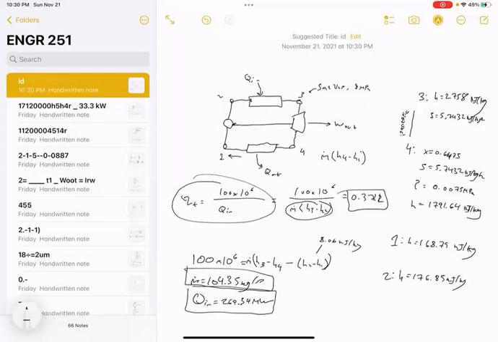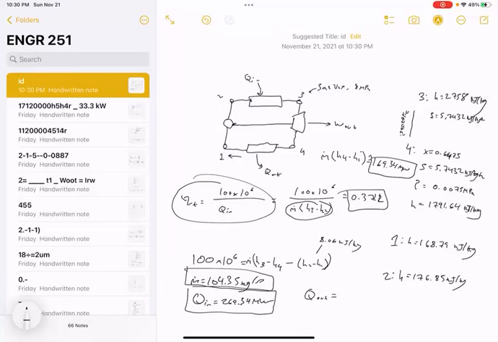So this is how much enthalpy we're losing, and turning that into megawatts, it's 169.34. Sorry, I should be writing this down. Oh, I did over here. So we're rejecting 169.34 megawatts.